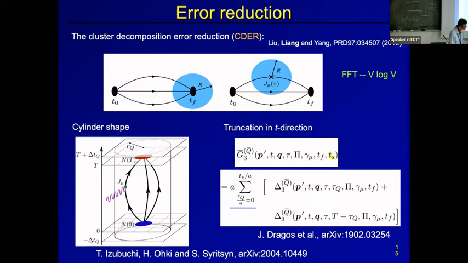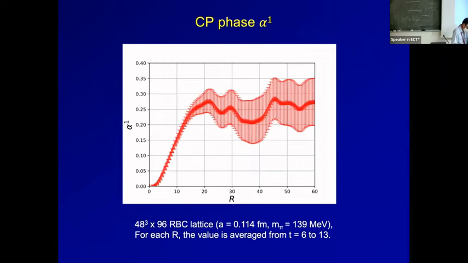Okay, I should mention a little bit. This is a case that we did earlier, a test of this for a relatively larger lattice than the ones we have, a 48 cubed lattice with this lattice spacing, at physical pion mass. You can see the alpha 1 fit as a function of the cutoff, or rather the accumulated results for different R. It's accumulated.